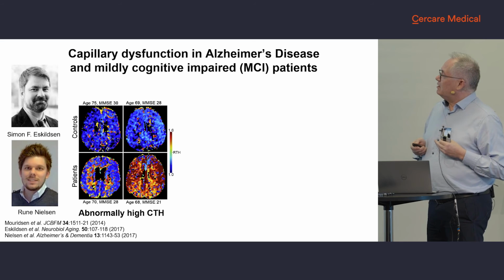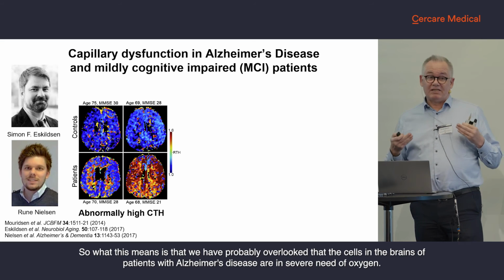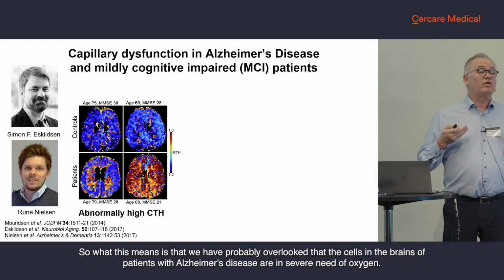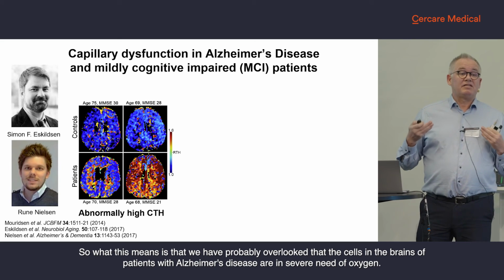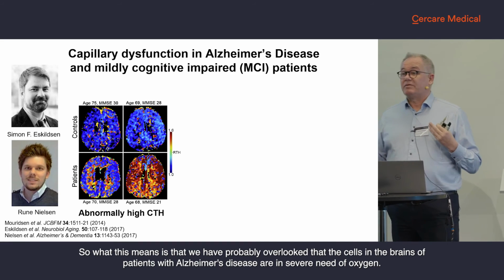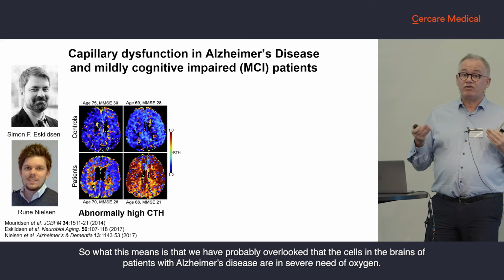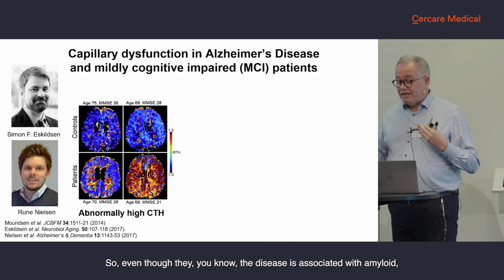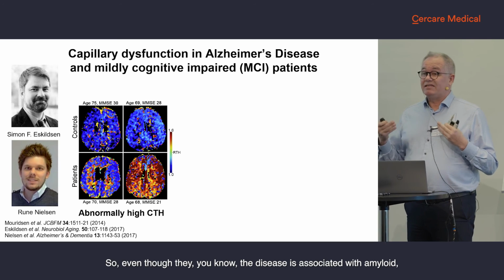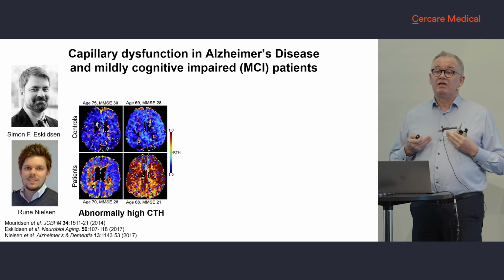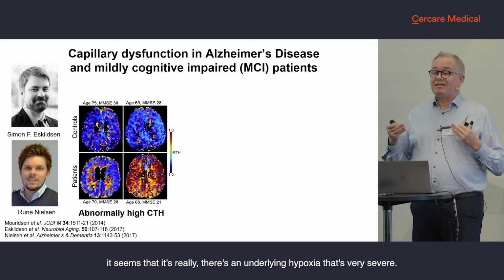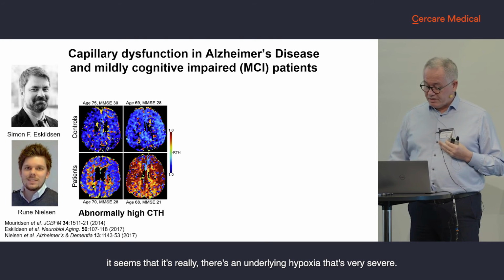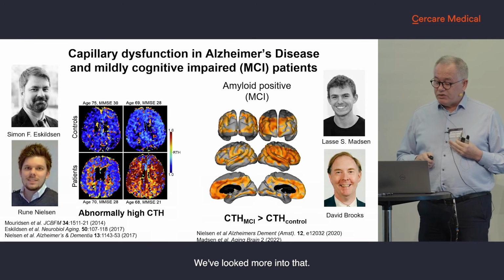So what this means is that we have probably overlooked that the cells in the brains of patients with Alzheimer's disease are in severe need of oxygen. So even though the disease is associated with amyloid, it seems there's an underlying hypoxia that's very severe.